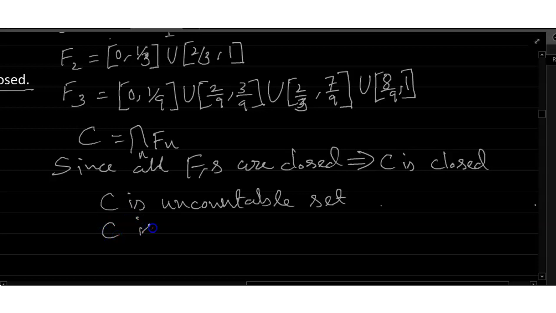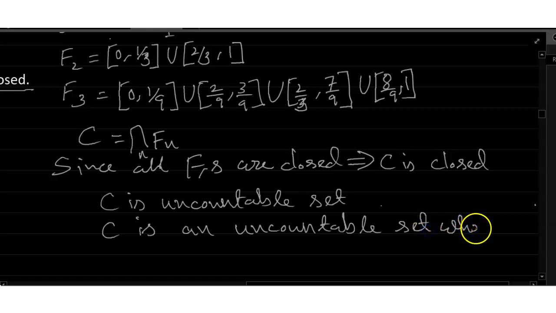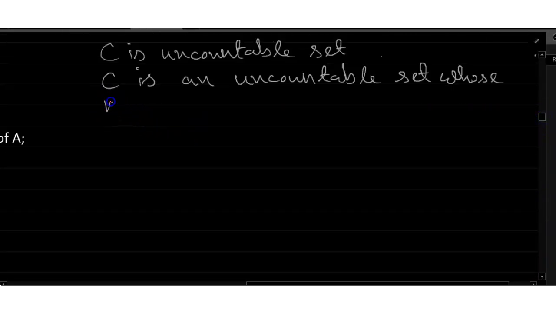C is an uncountable set whose measure is 0.